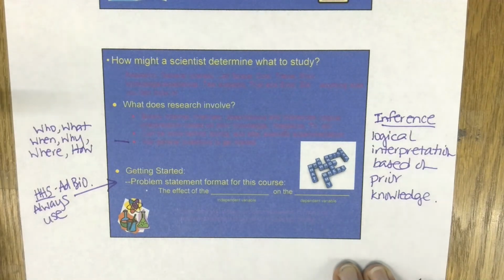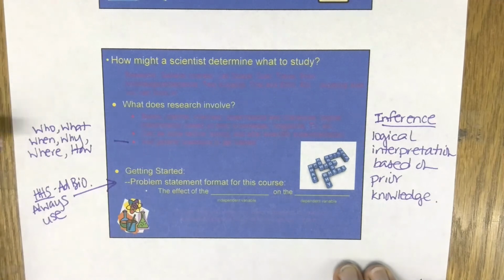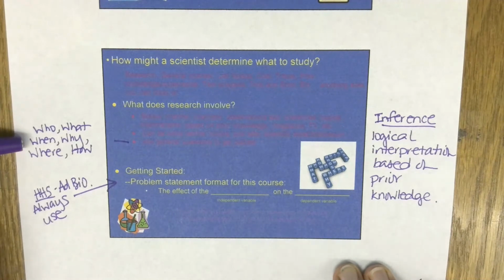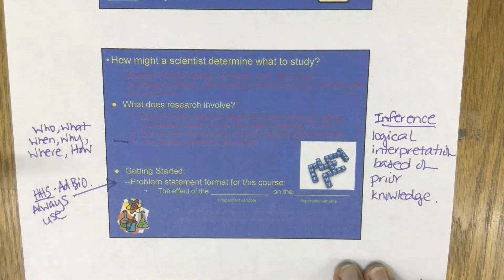And in general, research these questions over here: who, what, when, where, why, and how. Those are your basic questions to get you started on learning any new topic. So that's a good way to start from a scientist standpoint as well.